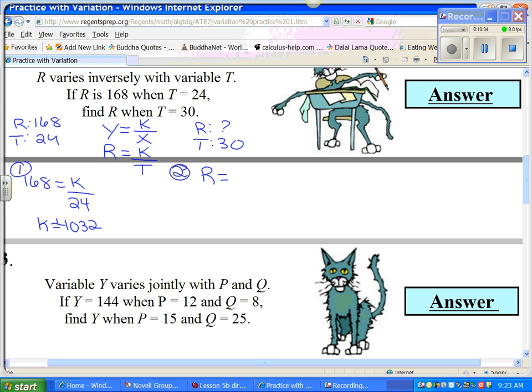No. Do I know k? Do I know t? What do I do? Divide. Go ahead. I'm not doing this for you. You're more than capable to press buttons. Good. What do you think? Not bad, right?